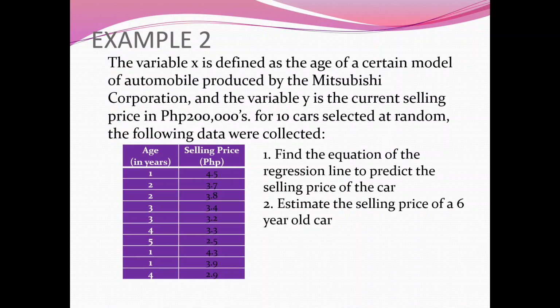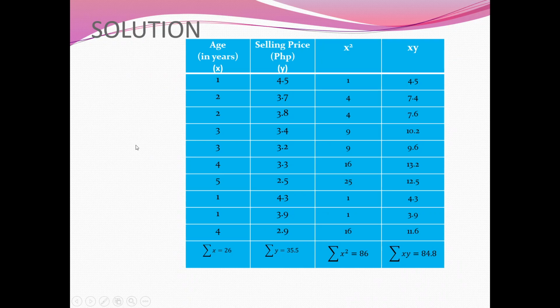Now, we have the column for the age of the car as the variable x, and the current selling price is the variable y. So we have this our data. The age is our x, and the selling price is our y's.